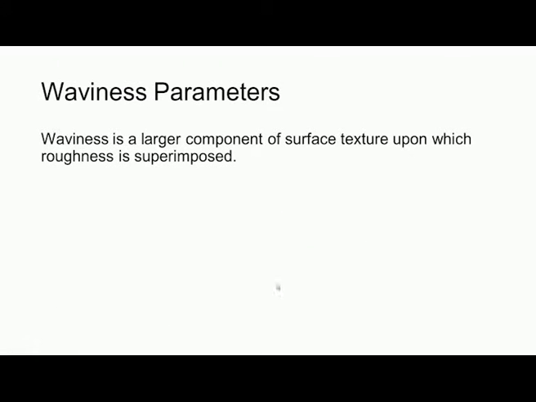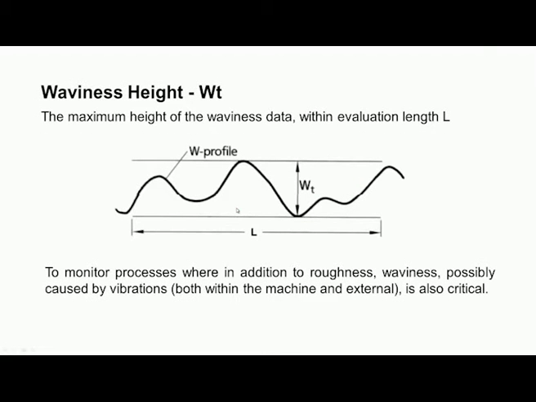So, now coming to the waviness parameters. Waviness is a larger component of surface texture upon which roughness is superimposed, like we have the surface roughness and then we have this waviness. So, this profile will give us waviness profile, and the parameter that is used to specify this waviness is waviness height, that is the maximum height of waviness data within the evaluation length.